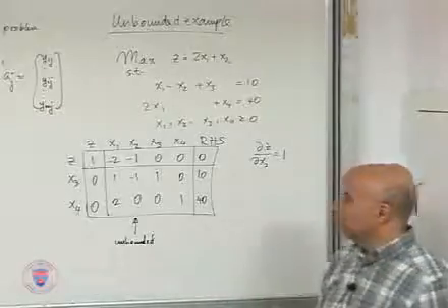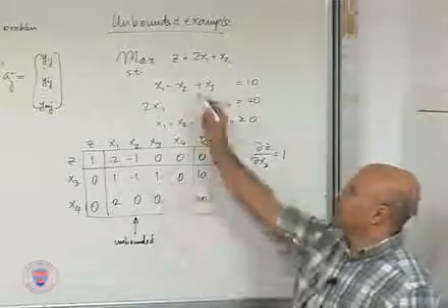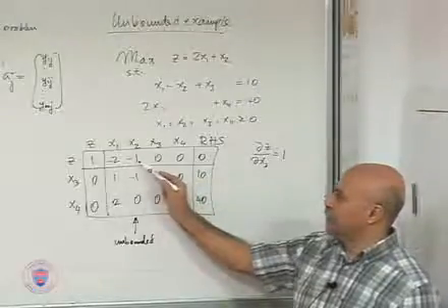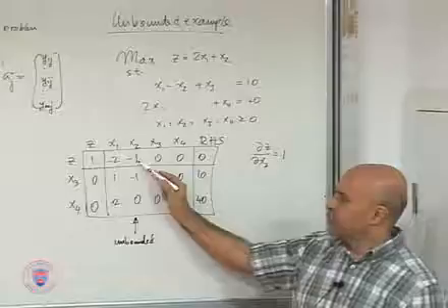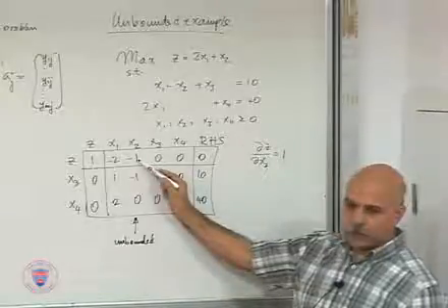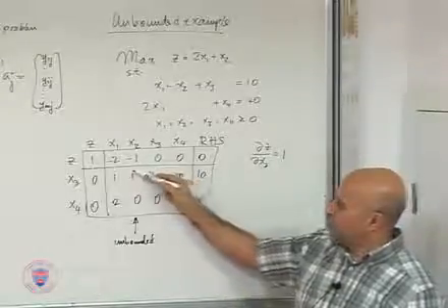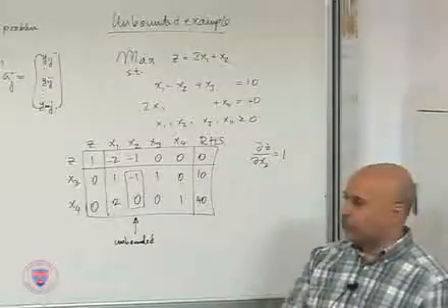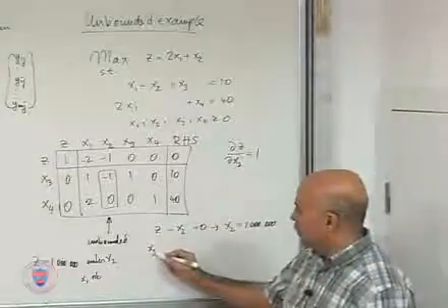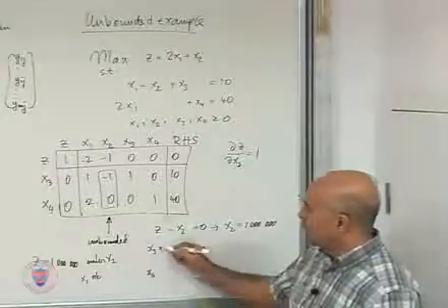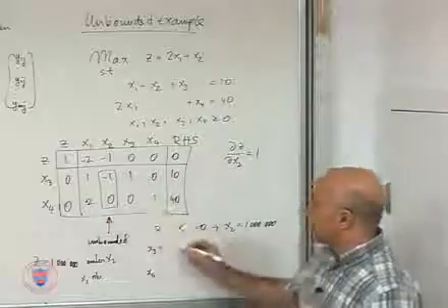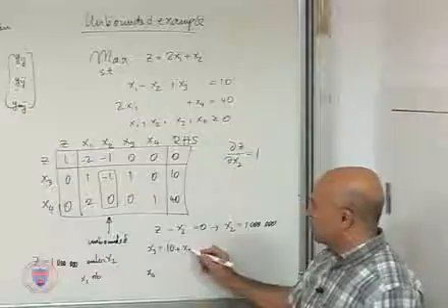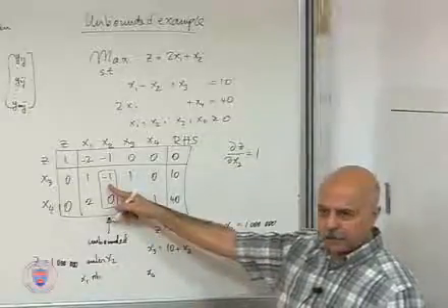The following way. This is a maximization problem, so for improvement you need to identify a negative reduced cost. If there is a negative reduced cost for which the column in the constraints portion of the tableau is non-positive, then x3 and x4 are dependent on x2. x3 is equal to 10 plus x2 from here.